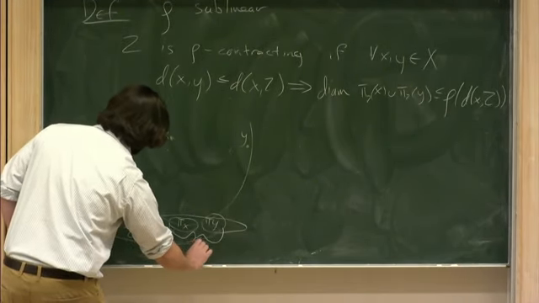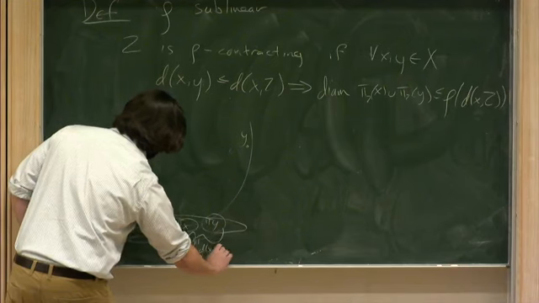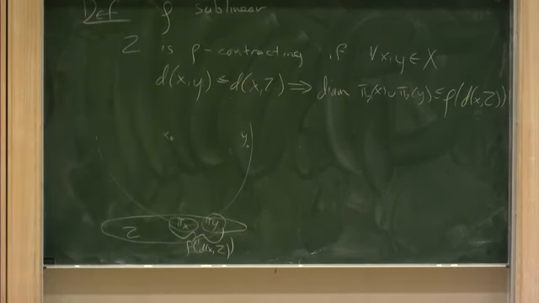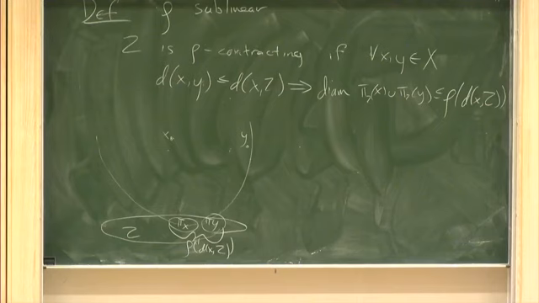So this is less than or equal to rho of the radius of the ball. So as the balls get big, since the function rho is sublinear, the projections get smaller and smaller relative to the radius of the ball.